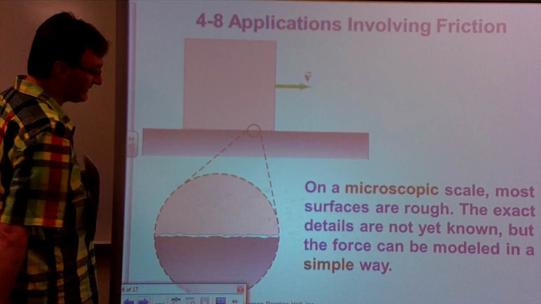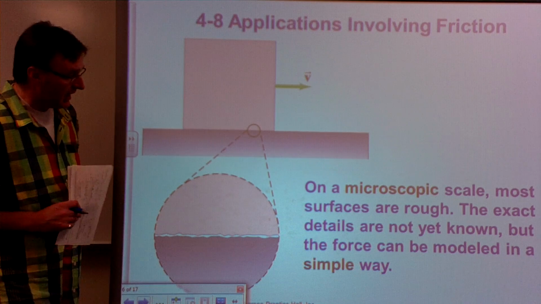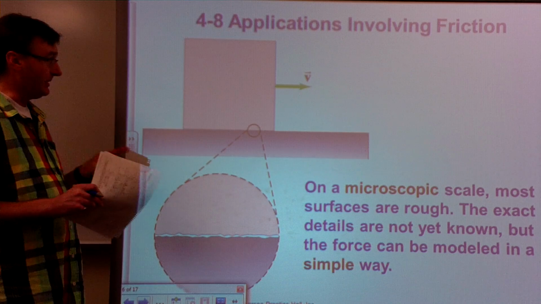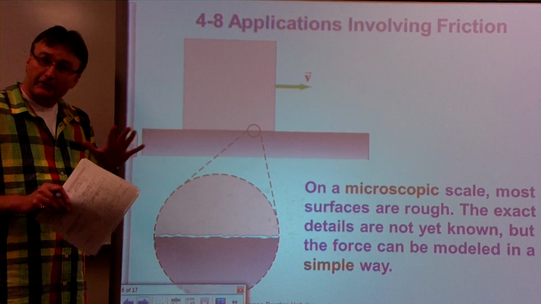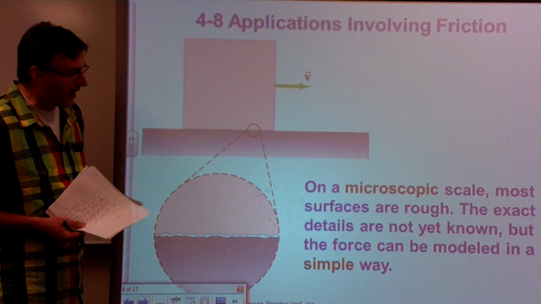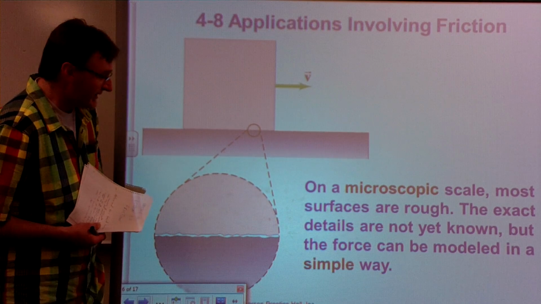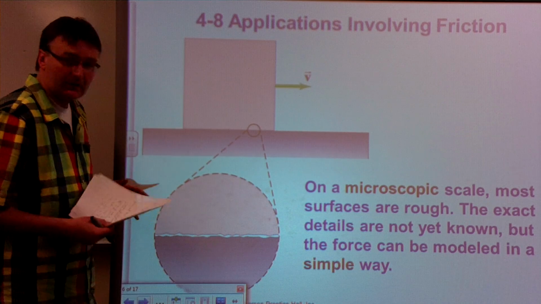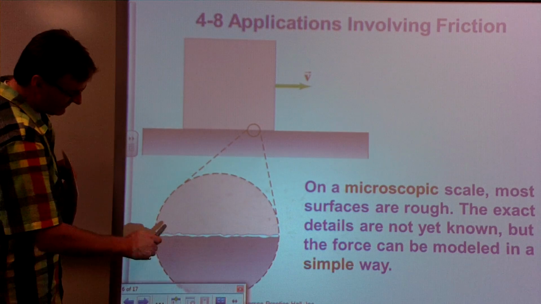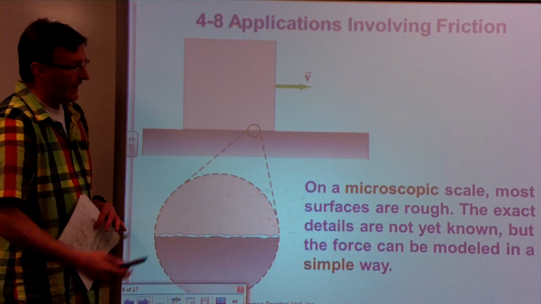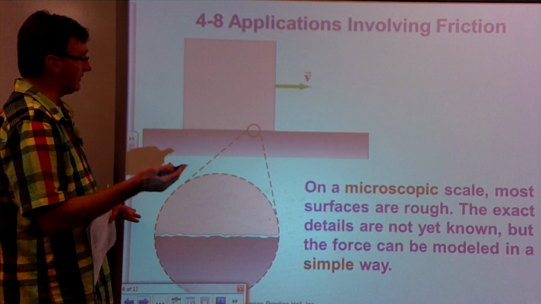And again, as it says here, on a microscopic scale, most surfaces are actually rough. So although they may appear, when you look at them, to be perfectly smooth, when you look at them under a microscope, they actually are very rough. So the exact details are not known, but the force can be modeled in a fairly simple way. If you look at a microscopic level, molecules always have angles between them.